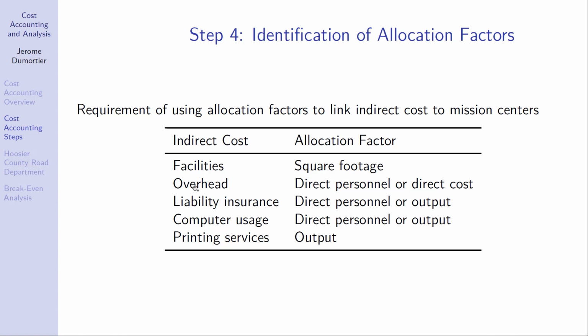Think about a director who earns, say, $100,000, and there are two departments, one with 70 employees and the other with 30 employees. Then you could allocate the director's $100,000 salary as $70,000 to one mission center and $30,000 to the other mission center. But there are various ways of doing those allocations.